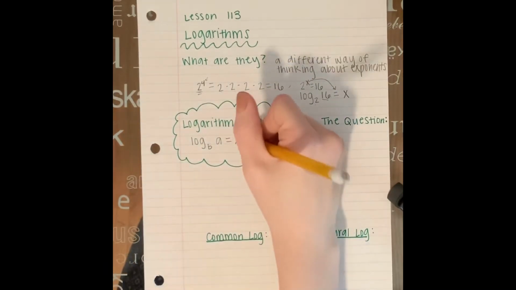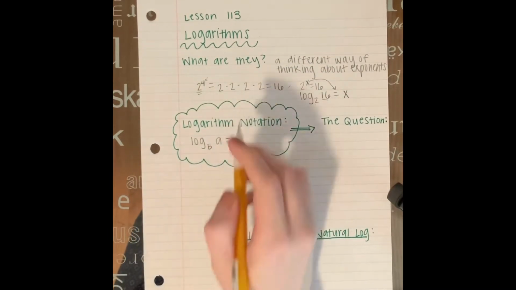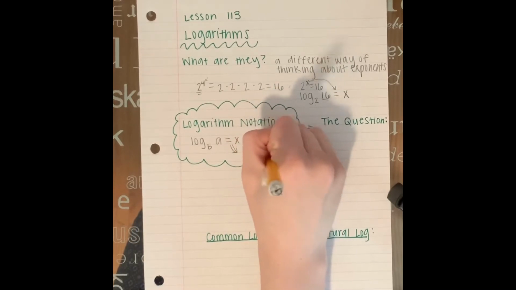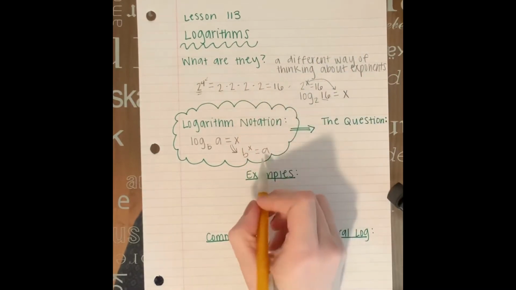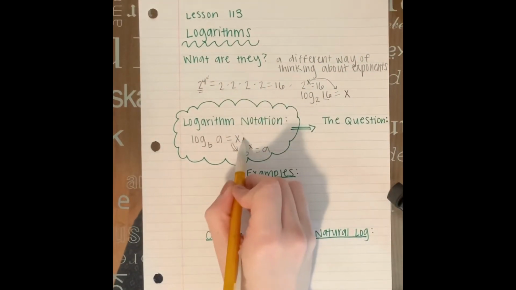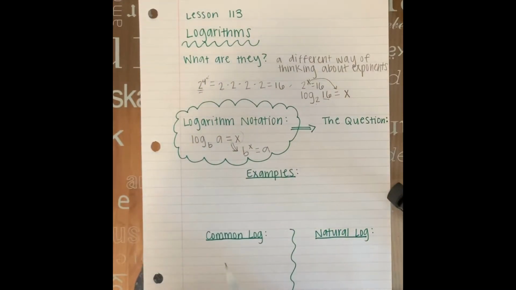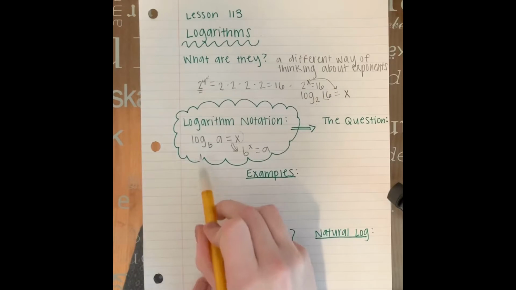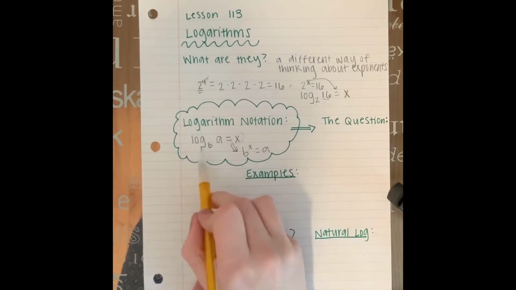Here's what that means. Here's how you write it in exponential. B is your base. B to the power of x equals A. So logarithmic notation is just a way of writing it so that the exponent is your answer. B to the x power equals A. Log base B of A equals x. This is a logarithm.